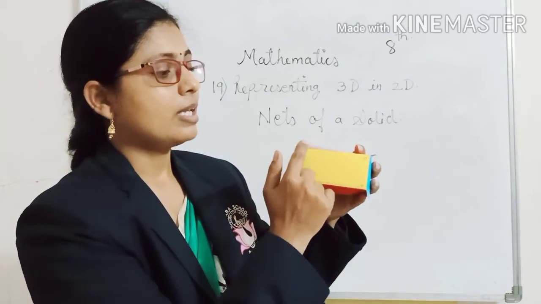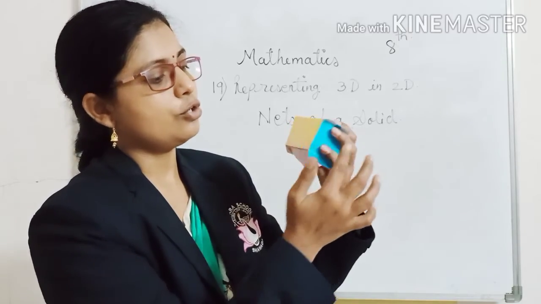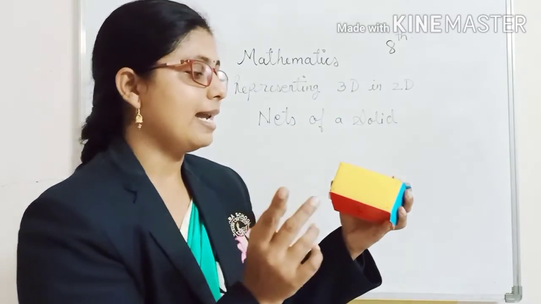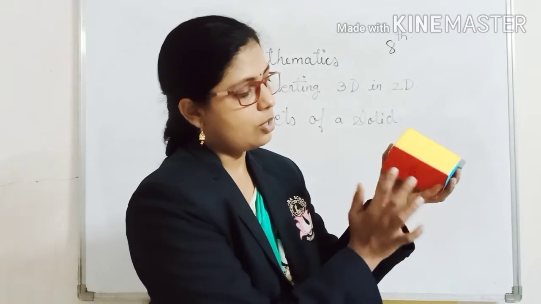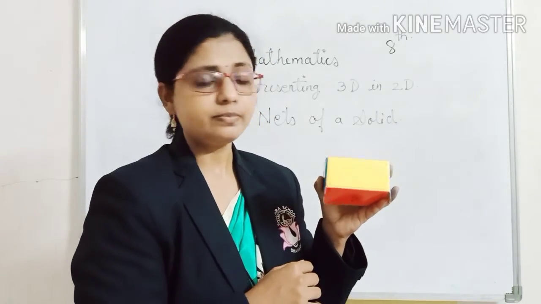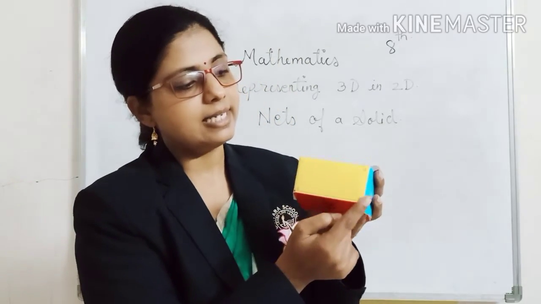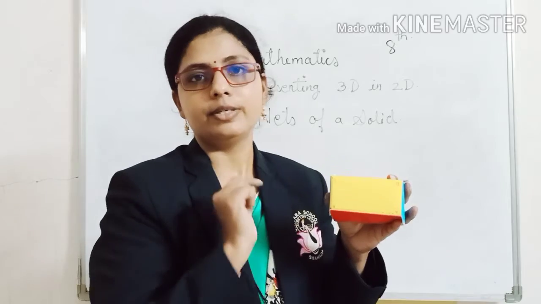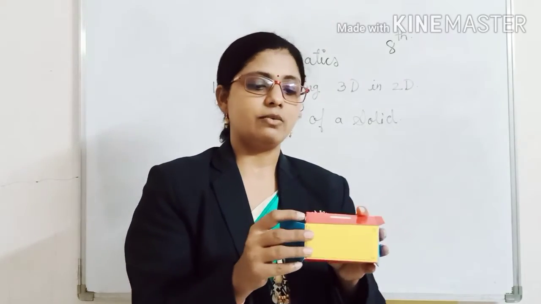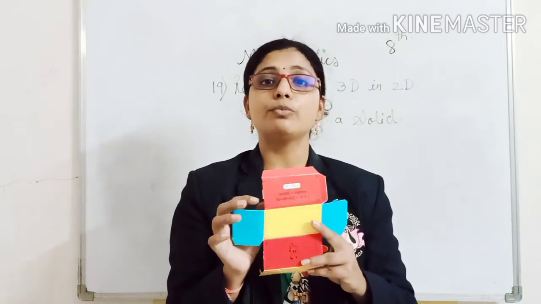Here these are known as the edges of a cuboid. Then faces. These are the faces of the cuboid. Then vertices. These are the vertices of the cuboid. So what type of object's net is it? It is the net of a cuboid.